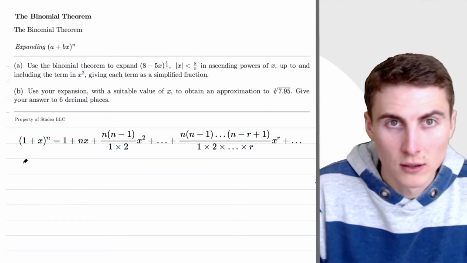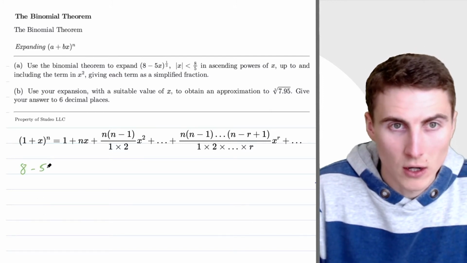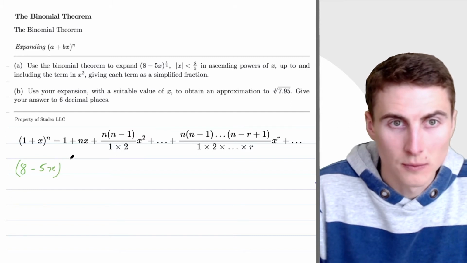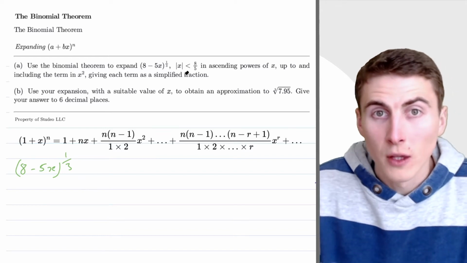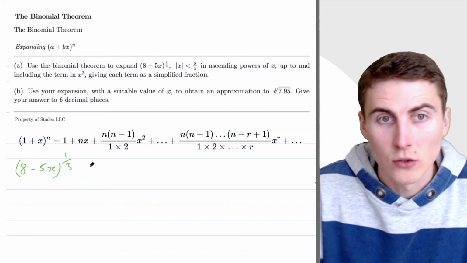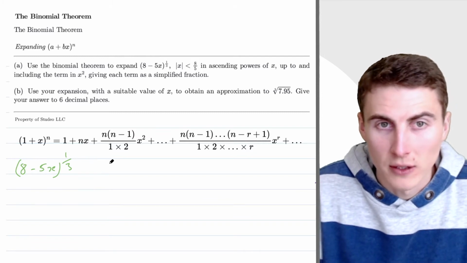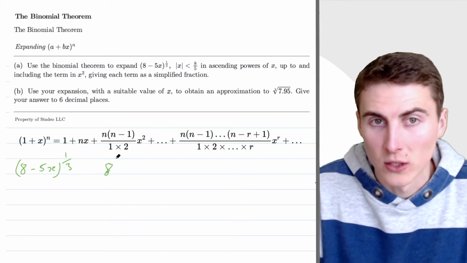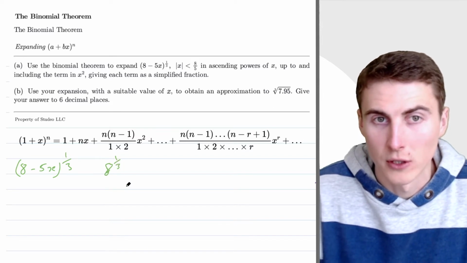And the trick here is, if I just write out our actual expression first, to the power of a third, the trick is that you need to pull out a factor of 8. So if we want to pull an 8 out of here, I'm going to have to put the power of 1/3 on it as well. So it's actually 8 to the power of a third.